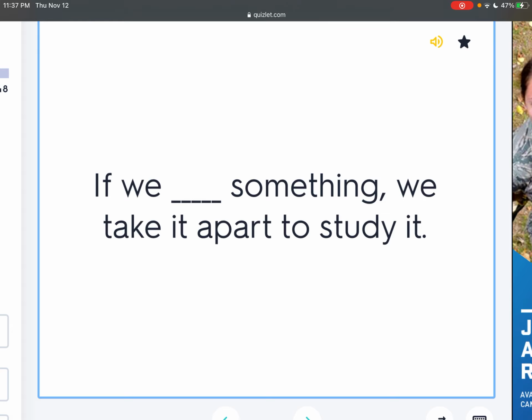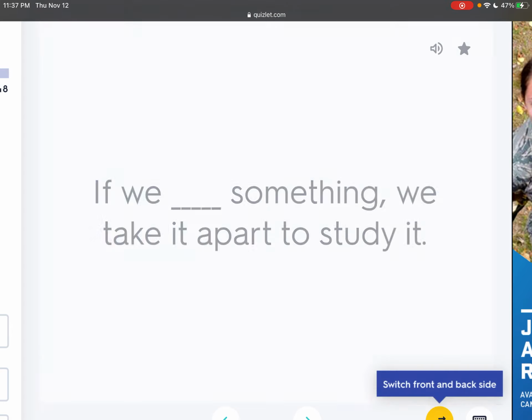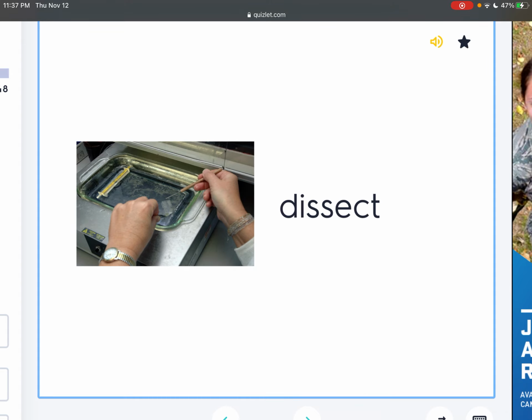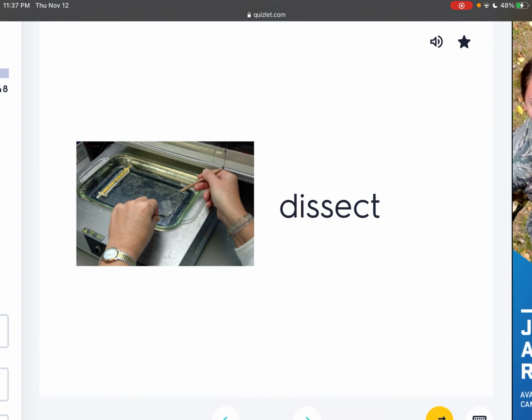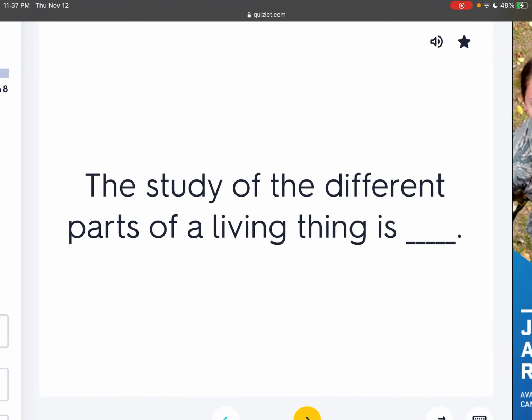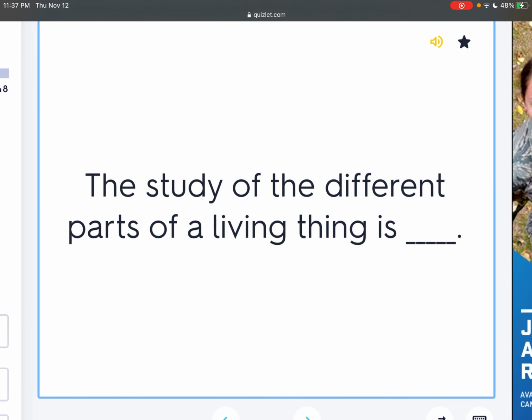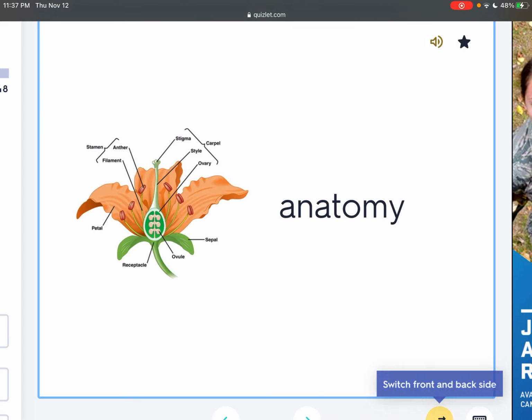If we blank something, we take it apart to study it. Dissect. The study of the different parts of a living thing is blank. Anatomy.